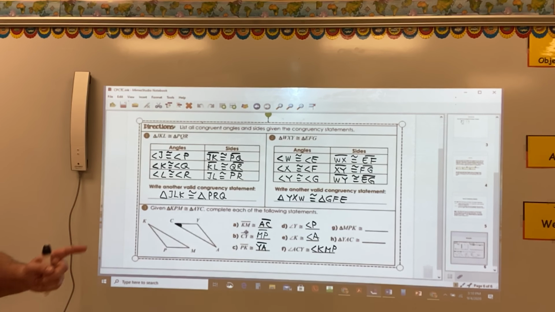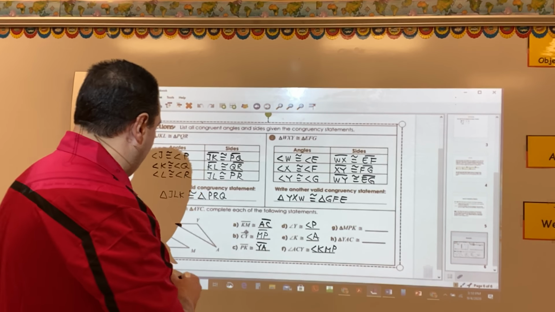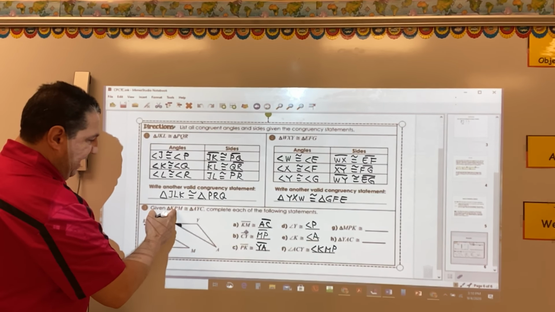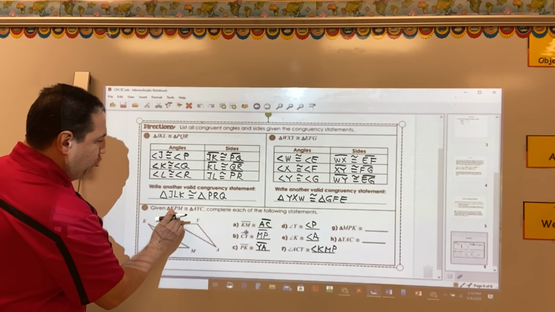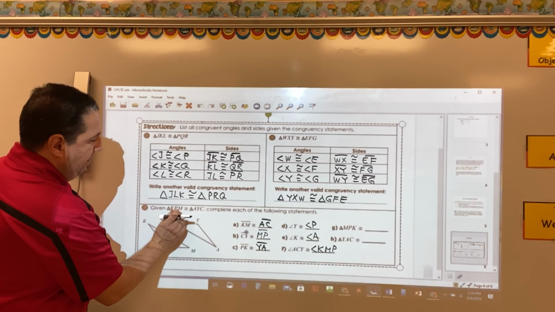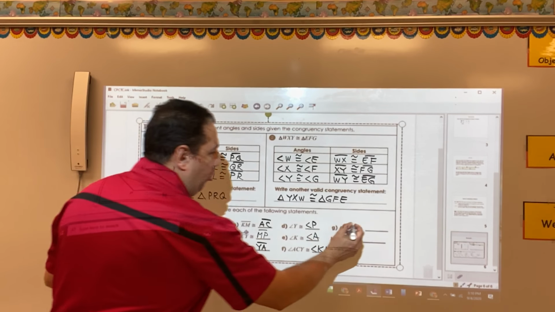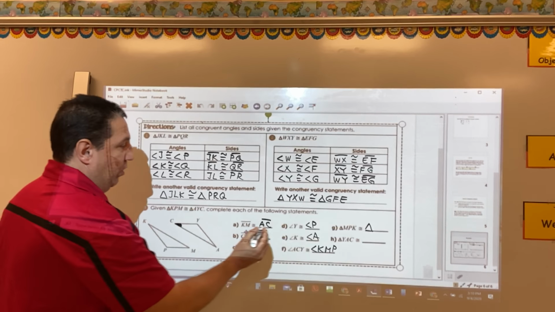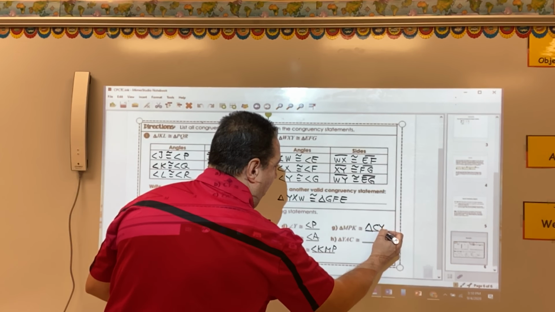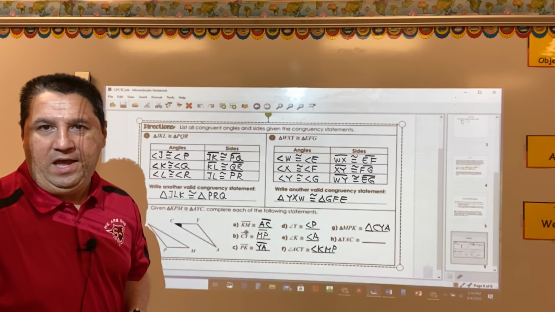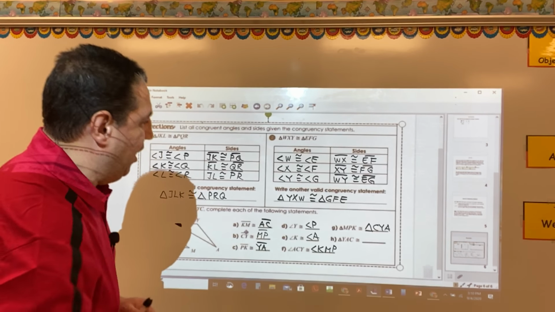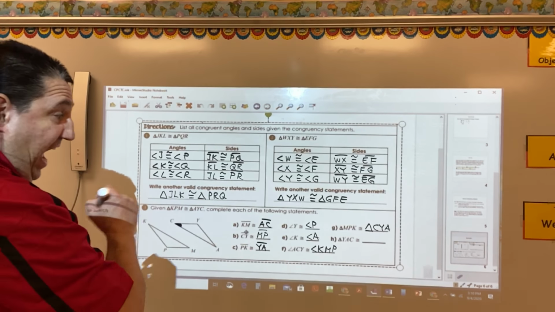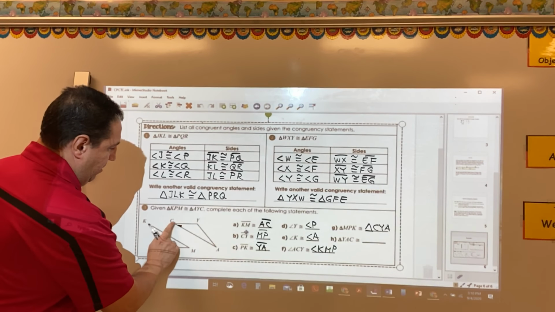Good. What about triangle MPK? MPK. So we switch the letters M and K. We do the same in the other triangle, yeah? So it's CYA. Not CIA, CYA, yeah? Good. Then triangle YAC.